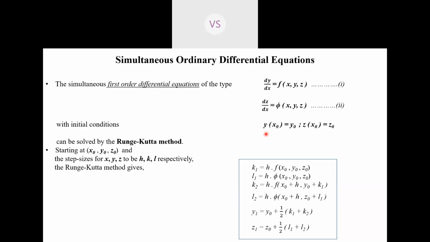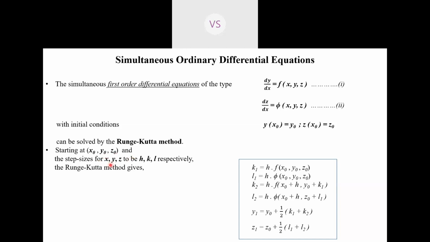So the first condition is: at x is equal to 0, what is the value of y? It is y0. When x is equal to 0, what is the value of z? It is z0. So we are having two conditions over here. We are having the initial values of x, y, z as x0, y0 and z0.